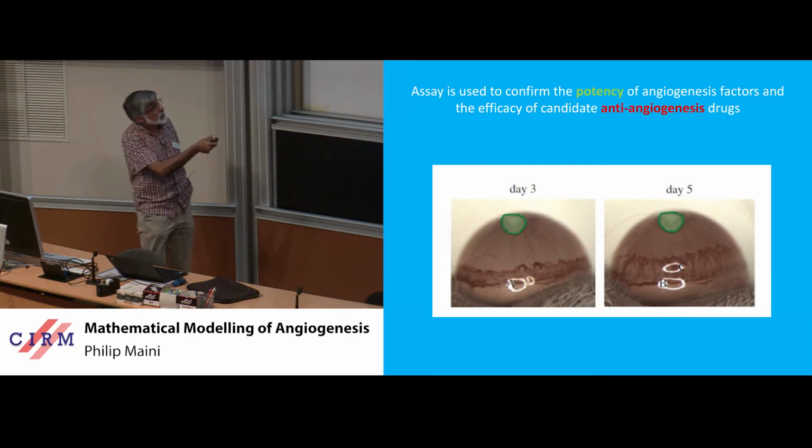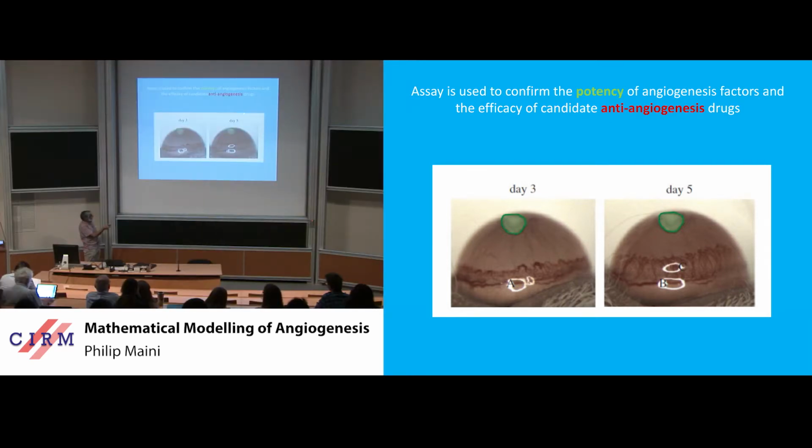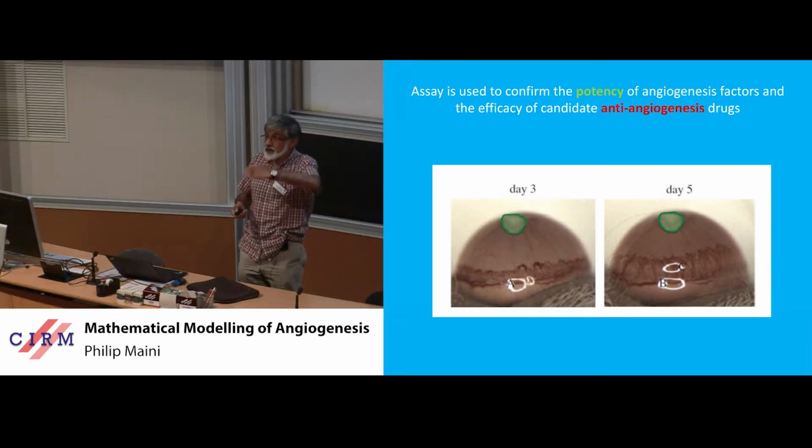So for example, if you find that with your tumor you get this amount of growth, but then if you put an anti-angiogenesis drug here and you get this amount of growth, then you would say, well, that drug worked in some way. Try a different drug, see how far the front goes, and then compare the two drugs, okay?